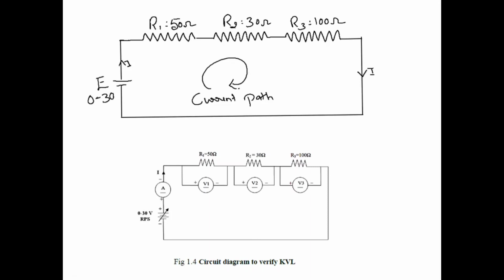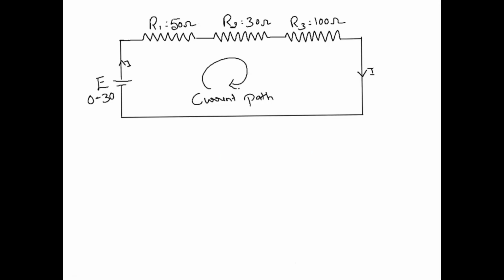So here, as you know, we'll have only one loop. By applying Kirchhoff's voltage law, we can first find out the current flowing through the circuit. Then we can find out the voltage drop across each resistance. So here, there is only one loop, and the current flowing through, I'll consider it as I.